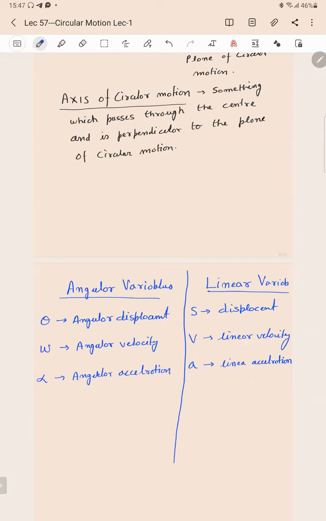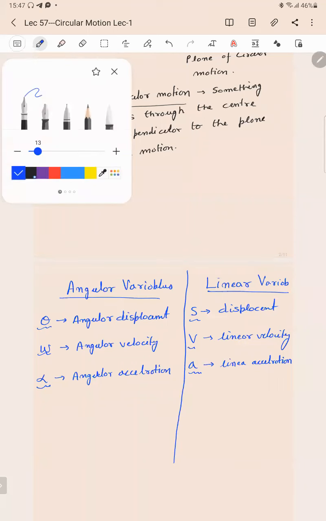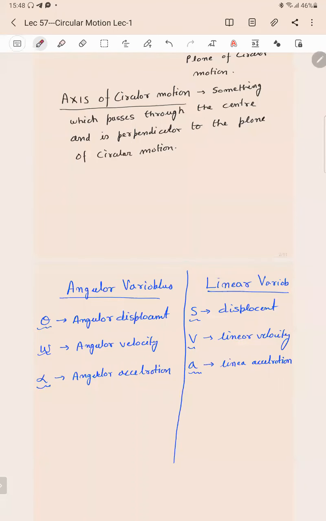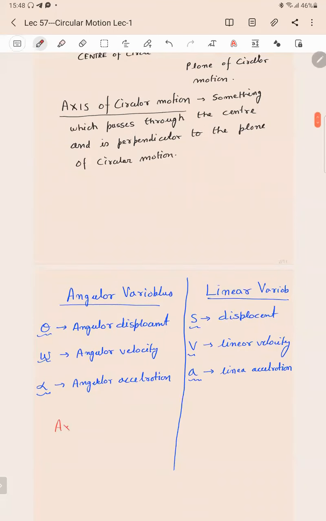Now today I will start with theta, I will go to omega, I'll go to alpha. I'll explain you what all they are, what are their units, how they are measured, how their directions are measured. These are also vector quantities. But the difference is these angular variables are basically axial vectors. I will tell you what they are actually.